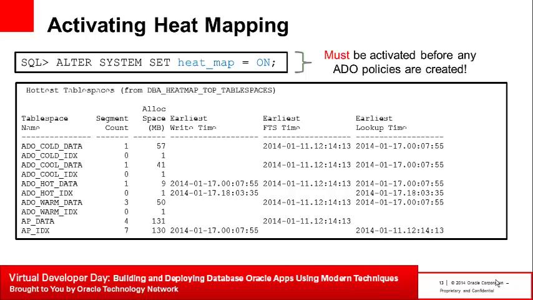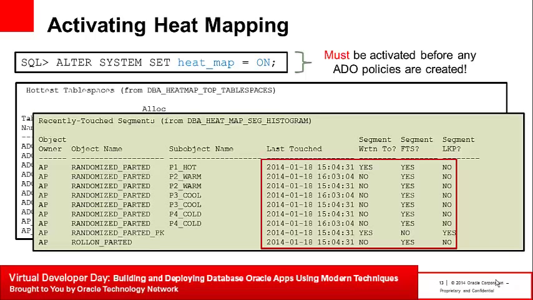And by the way, I'm just going to show you two views. There are several, almost 8, depending on how you want to count them. Here's an example of looking at heat maps at the segment level. Take a look at this, folks. This is showing exactly which segments have been touched in exactly the same way, via single block access, via full table scan, or via DML.